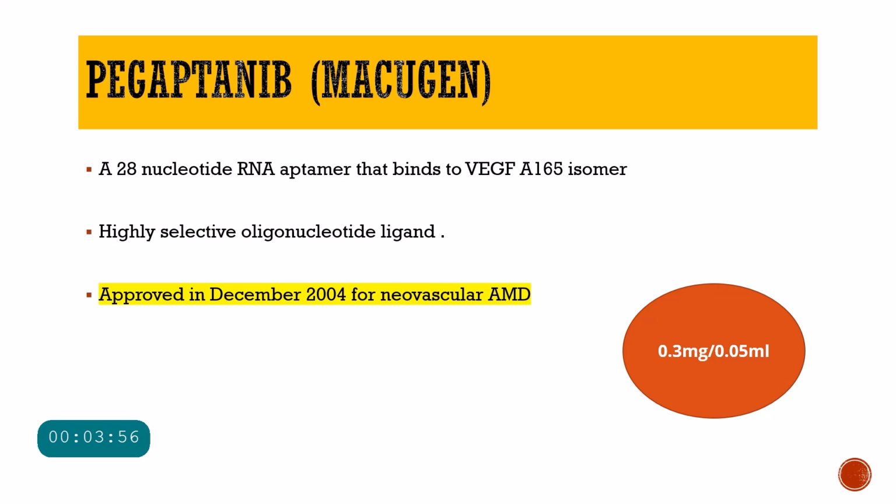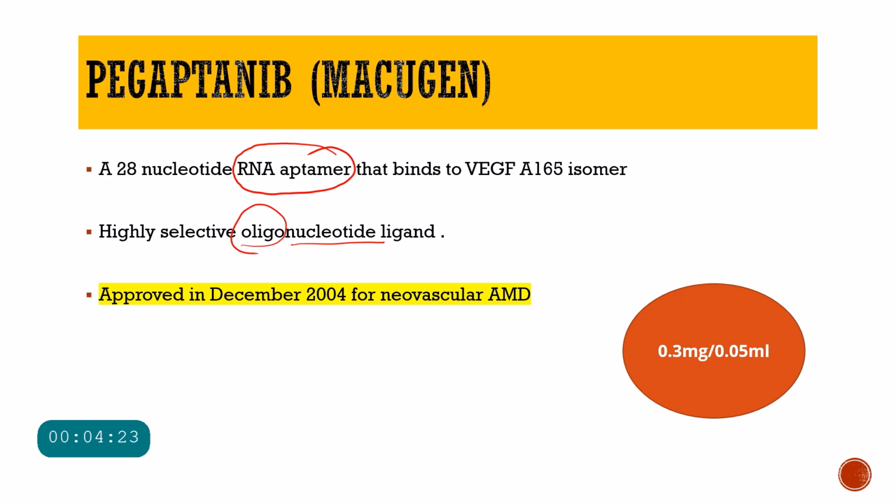Now the first anti-VEGF which was developed or discovered was pegaptanib, or Macugen. Macugen is an aptamer. An aptamer is a highly selective oligonucleotide sequence. Oligo means short, and nucleotide you already know. So there are 28 nucleotides in the RNA, and it is called an aptamer.